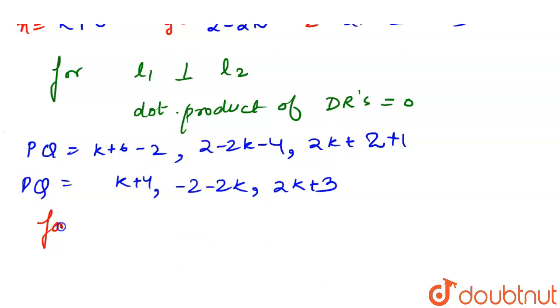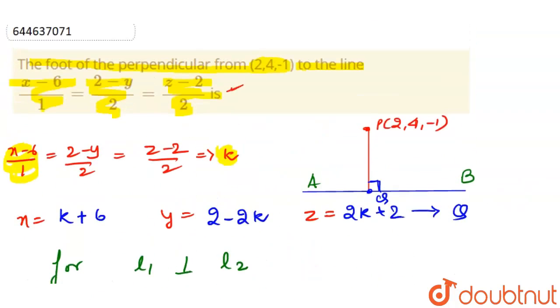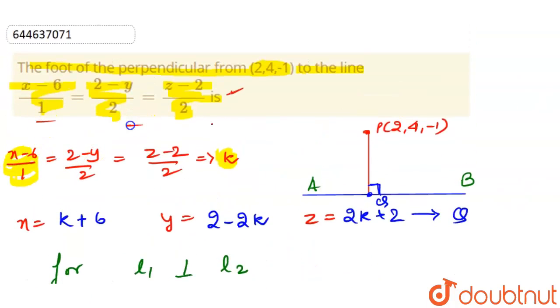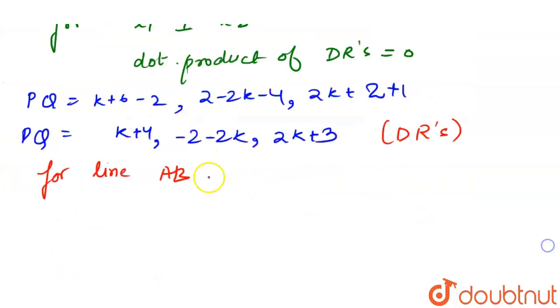For AB, we have direction ratios as 1, 2 and 2. So the dot product should be 0. The direction ratios are k + 4, -2 - 2k and 2k + 3, and 1, 2, 2.